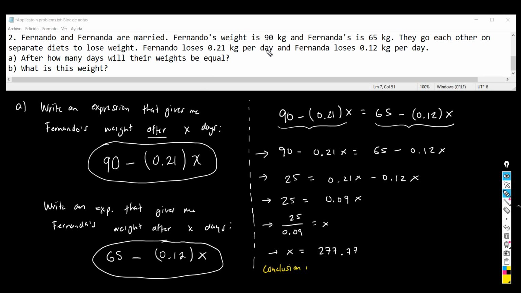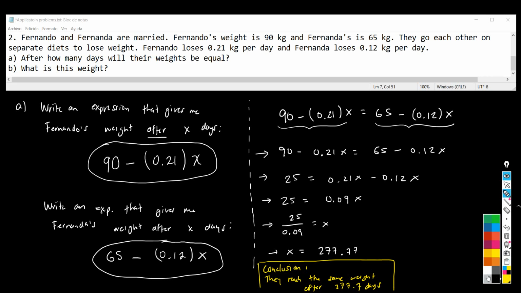I did not check whether it made sense or not. So it doesn't matter, it's just a made up problem. So conclusion, they reach the same weight after 277.7 days. I think they're going to be very skinny by this time.